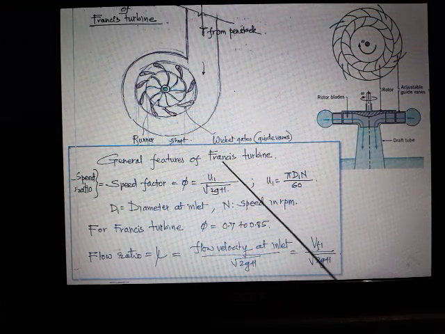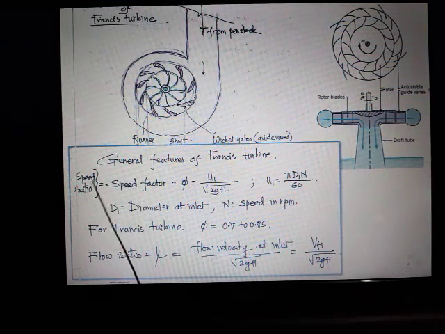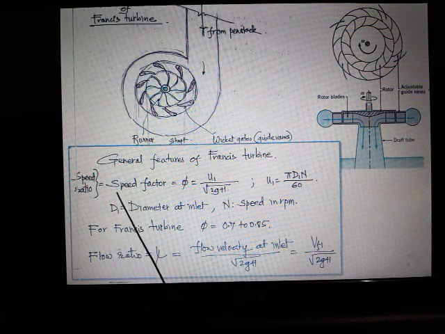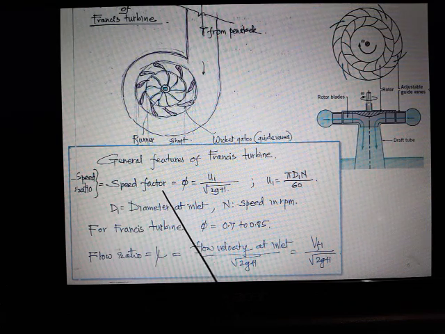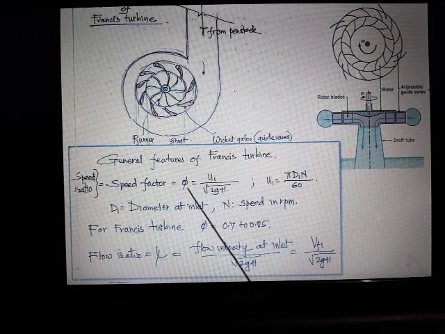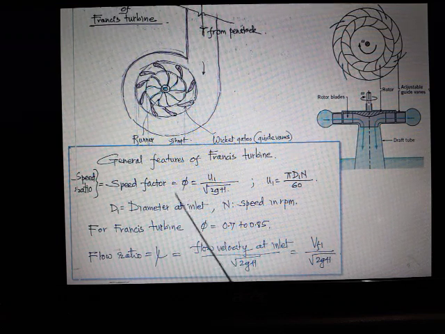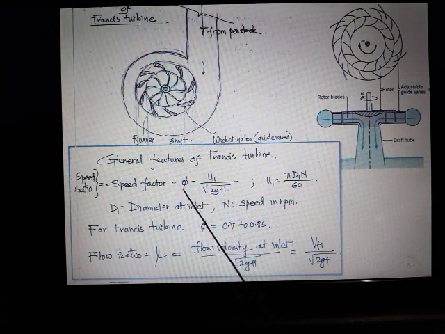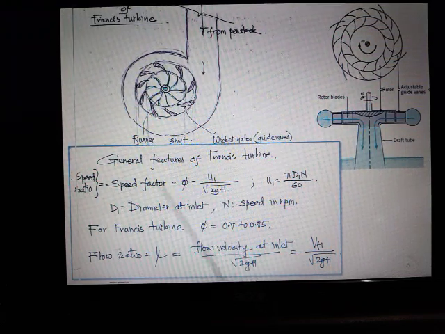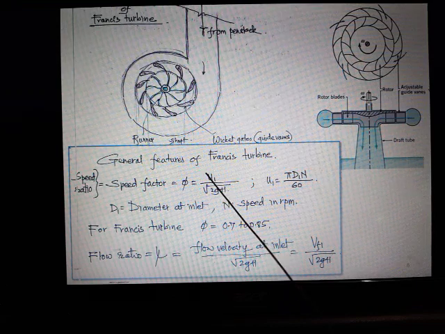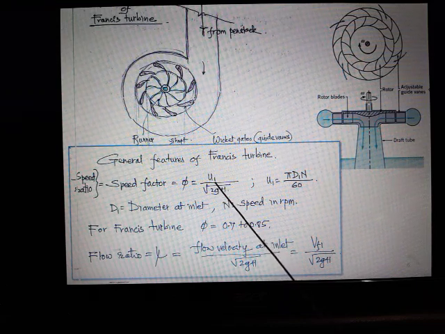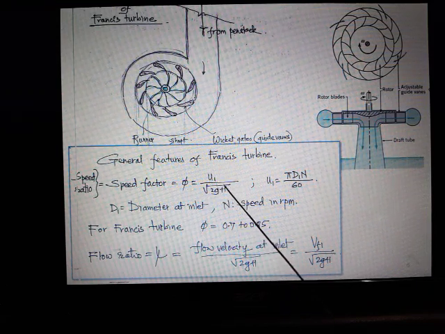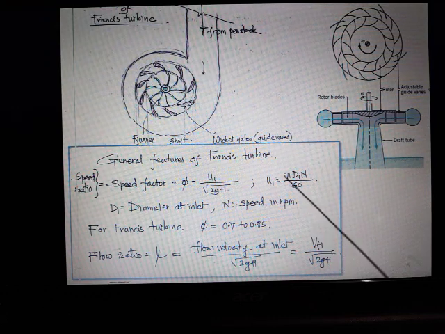General features of Francis turbine. So what we have is a speed ratio definition, or it is also called a speed factor in reaction turbine, represented by phi. In impulse turbines we used to represent this as Ku. Similar thing is this speed ratio, that is velocity of vanes divided by root 2 gh, and this u can also be given by pi dn by 60.